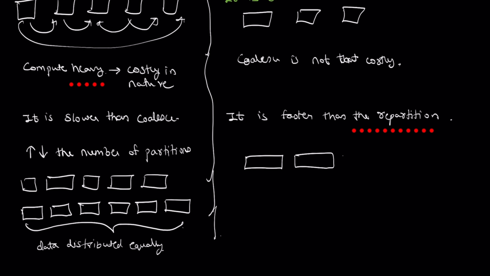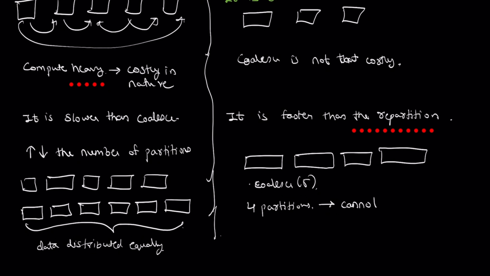Let's say we have four partitions, and even if we do coalesce of five, we will be getting only four partitions because coalesce cannot be used to increase the number of partitions.